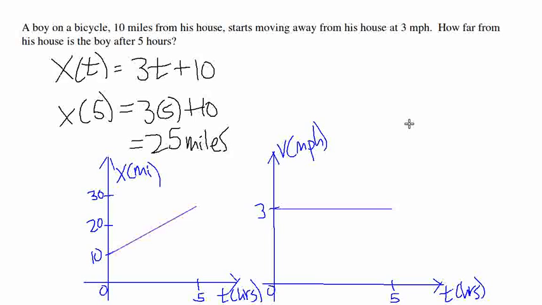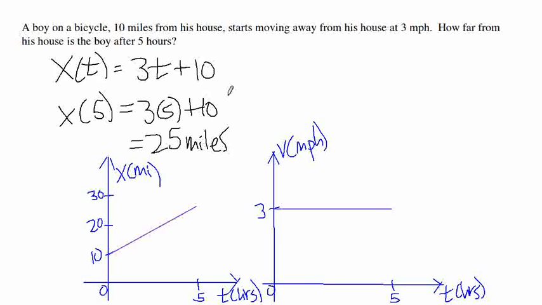Now, let me show you something interesting. Okay? If you wanted to know the distance that the boy traveled in the 5 hours, you could calculate the difference in the distance from the house between the initial and the final time.